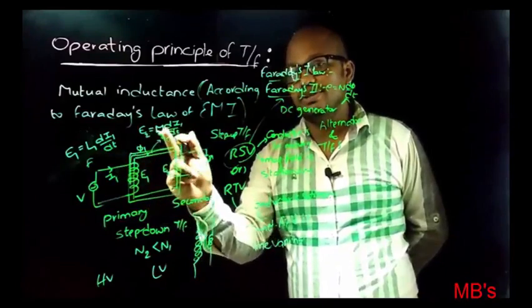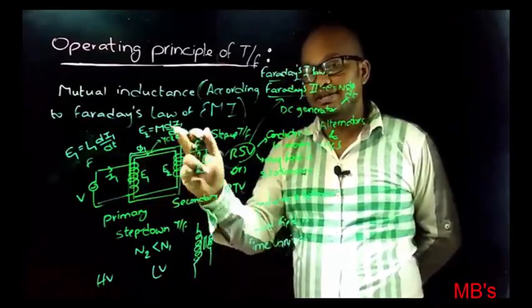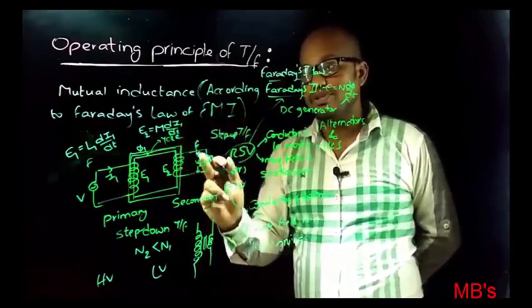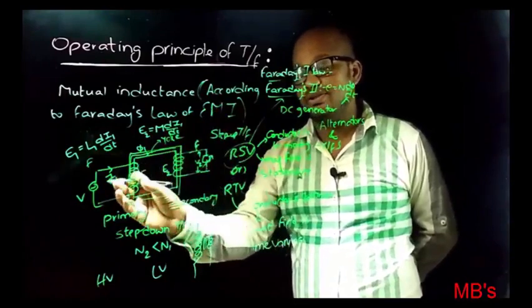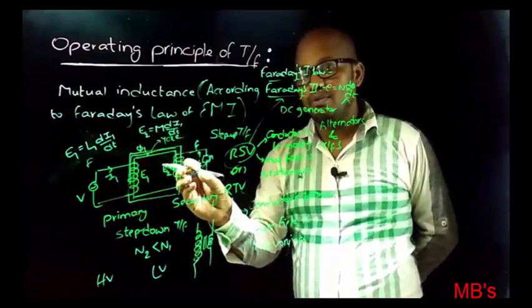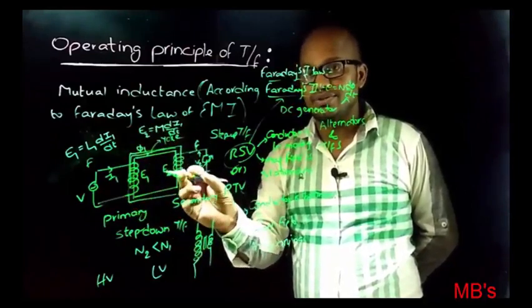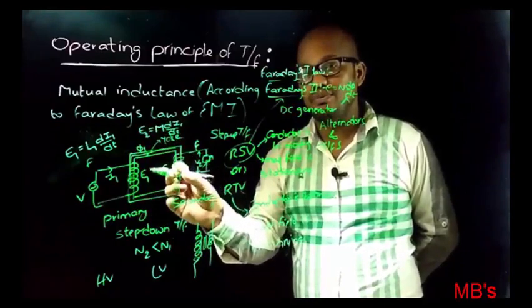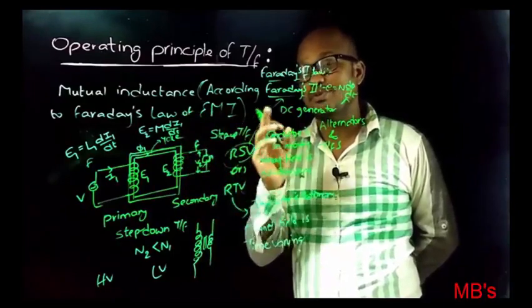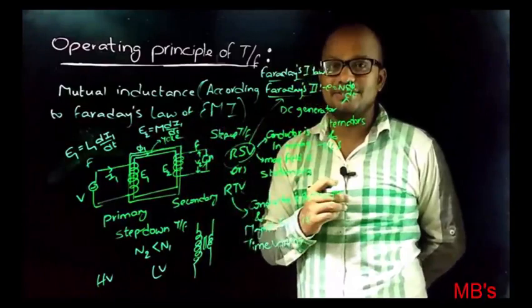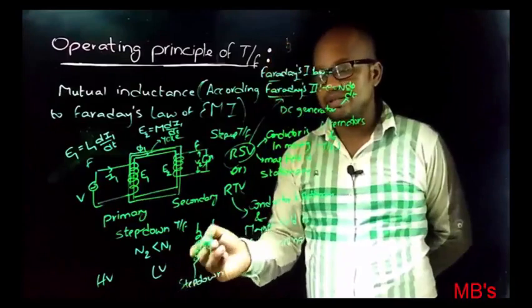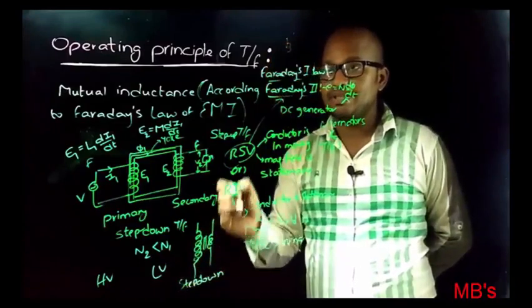This EMF is mutually induced EMF. That is why the principle of operation of a transformer is mutual inductance: AC electrical power is transformed into AC electrical power of the same frequency in another circuit, because of mutual inductance, according to Faraday's law of electromagnetic induction. This is the step down transformer schematic diagram, and similarly the step up transformer can be represented schematically like this.